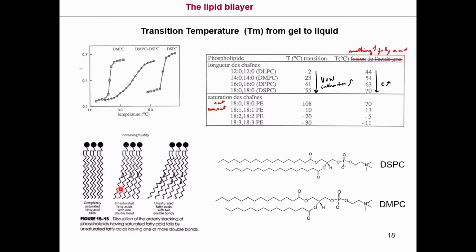That's why when you have a double bond, the melting temperature decreases, so the transition temperature also decreases. It's the same when you have 2 double bonds and 3 double bonds: with the number of double bonds, the temperature will decrease.